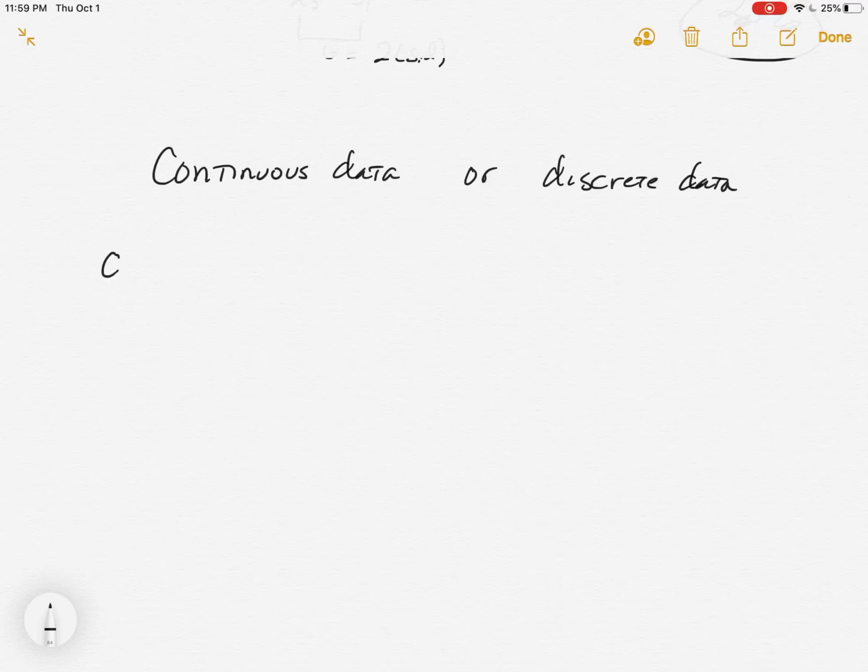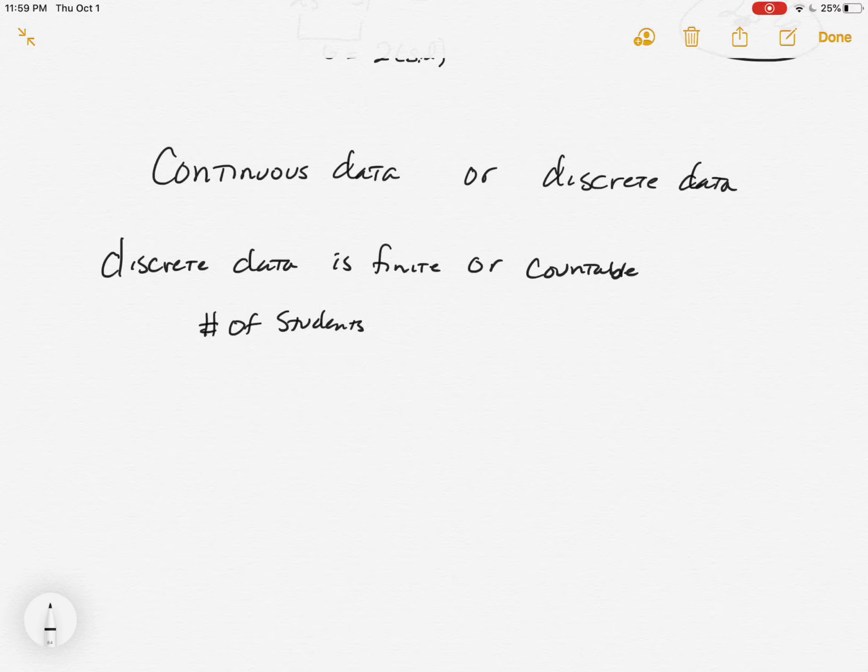So I'll start with discrete data. Discrete data is finite or countable. Okay. Lots of data is discrete data. So for example, the number of students in a class, if that was the data set that was being collected, that is a discrete data set.